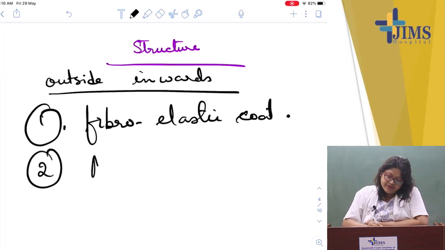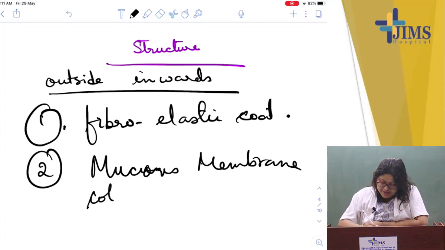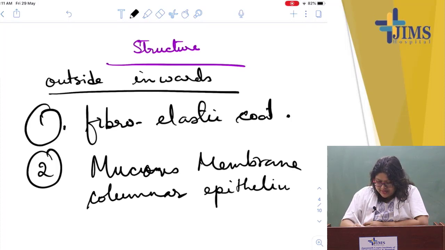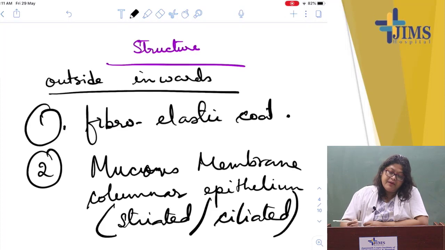And next we have the mucous membrane, and the lining epithelium is columnar epithelium, might be striated and ciliated. Not everywhere, but at times. Okay. So development, again, I am not going into details. I am not telling you where it develops from, but we will come to it when we complete the development.